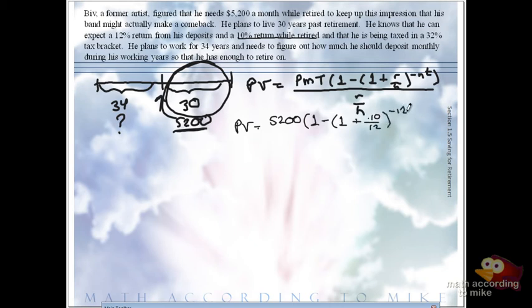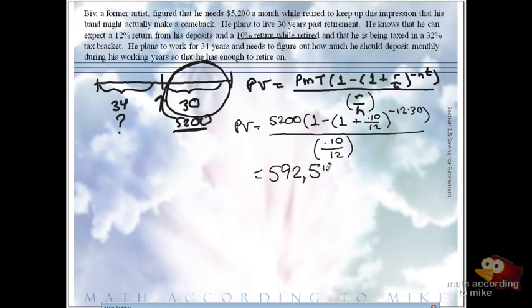And he'll be retired for, as we said, 30 years. And remember, when you throw it into the calculator, the denominator gets its own set of parentheses. I get 592,544.26.